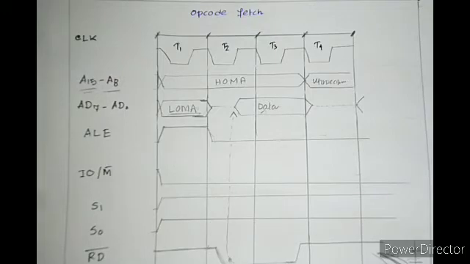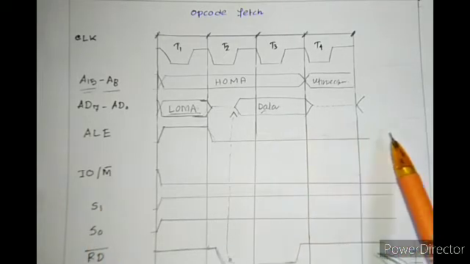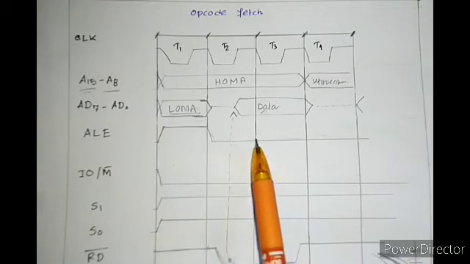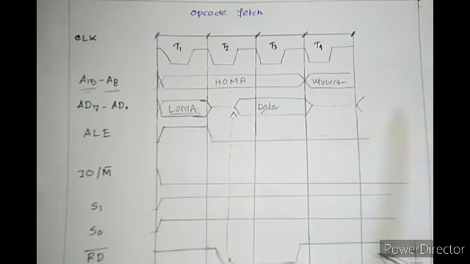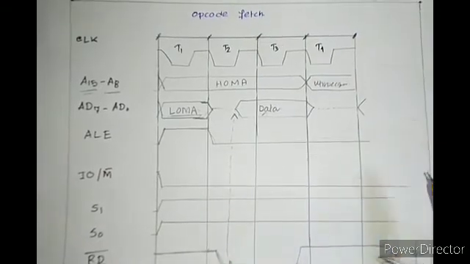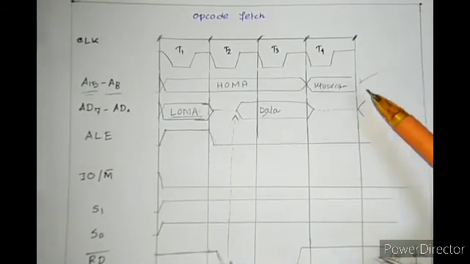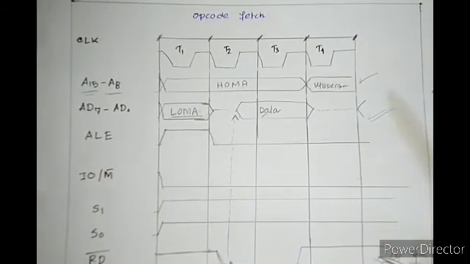This will carry anything, that doesn't matter. And AD0 to AD7 will not carry anything. The remaining signals are the same. I just want to specify that this is unspecified and this will also be.